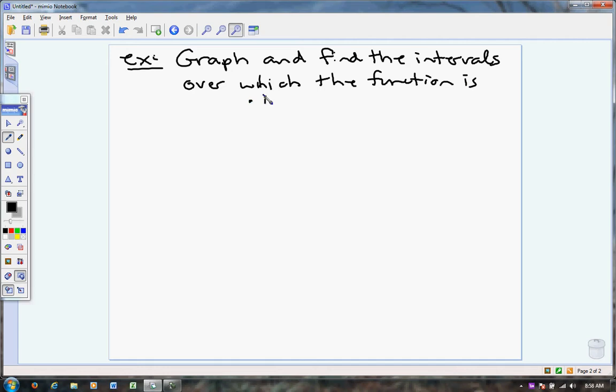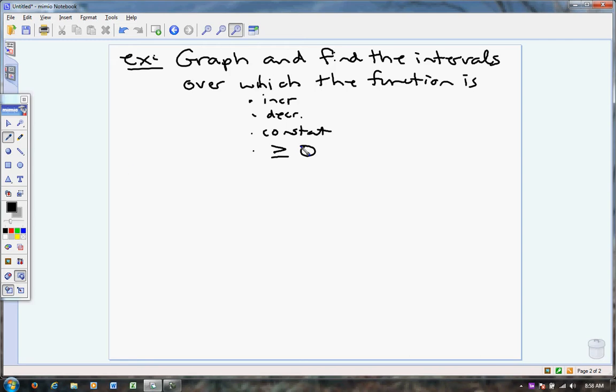I'm going to kind of bullet these, okay? Increasing, decreasing, constant, or greater than or equal to 0. Don't want to leave that one off because I think that's in your homework. They want you to find out all those intervals where that is true. This is a graphing calculator exercise, okay?